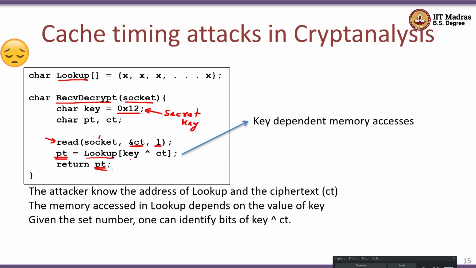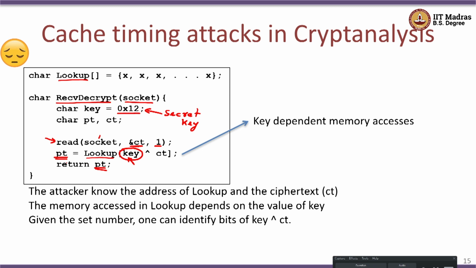So, notice two things, right? What we essentially want over here is to be able to predict the secret key. Now, we are assuming that all of this is essentially running within a particular process. Now, the assumption here is that on the same machine at about the same time, we have another process that is also executing, which is essentially sharing the same processor.